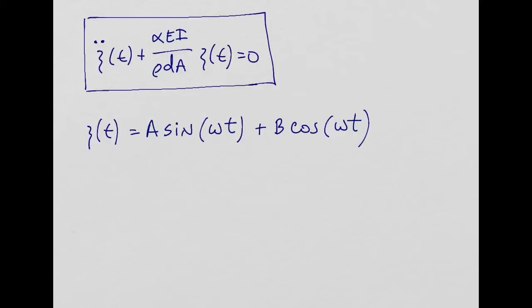So the way we do this is by assuming a solution for xi in the form of a combination of a sine and cosine.